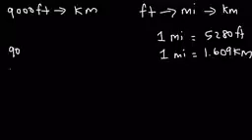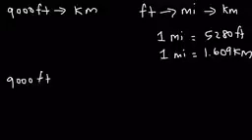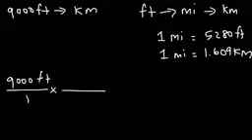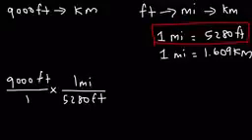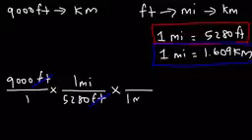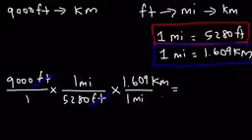So let's start with what we're given. We're given 9,000 feet. Let's put that over 1. And let's use our first conversion factor to go from feet to miles. So 5,280 feet is equal to 1 mile. So we can cross out those 2 units. And then let's use the second conversion factor to go from miles to kilometers. 1 mile is equal to 1.609 kilometers.